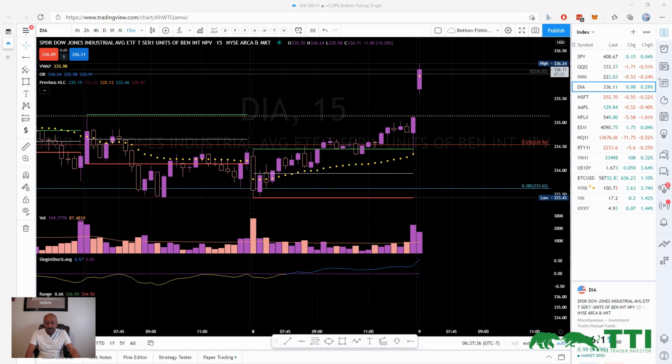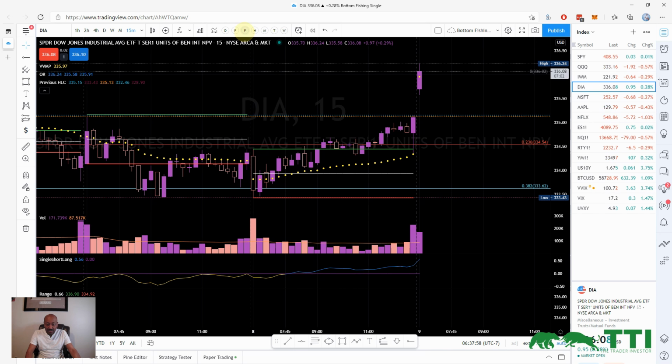So on all four ETFs, SPY, Qs, IWM, and Diamonds, this is how I'm preparing. This is what I'm waiting for to happen. I want to see the 15-minute range taken care of. I want to see the breach of the highs for the Diamonds for the first 5-minute bar.